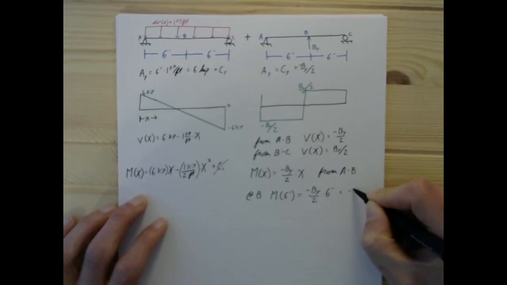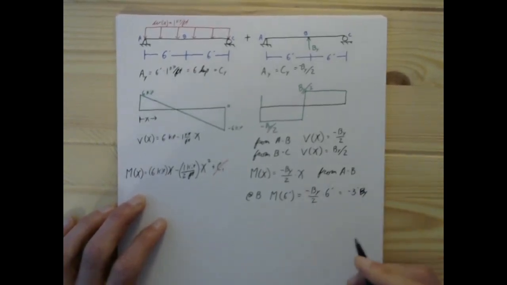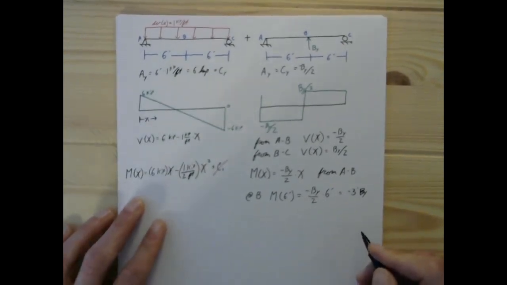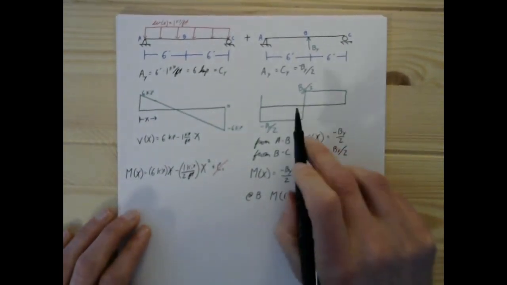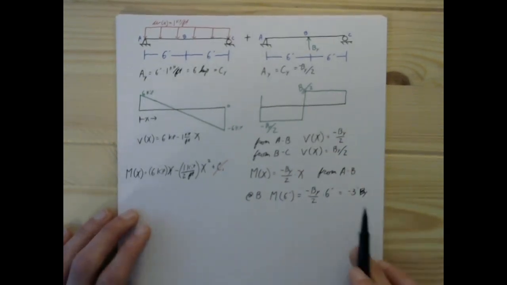It's going to be negative 3 feet times BY. So that's going to be our moment at B, and we're going to have to use that as our constant of integration for the second portion.